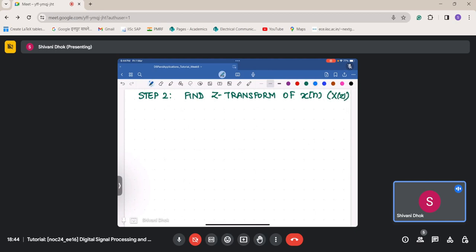Okay, so we have x of n as 4 to the power n u of n, and this is of the form a to the power n u of n. Multiple times you have seen that this has a z transform as 1 upon 1 minus a z inverse with magnitude of z greater than a.